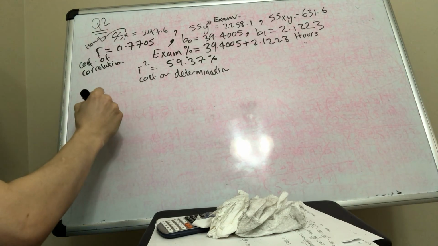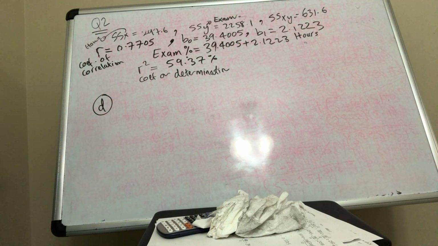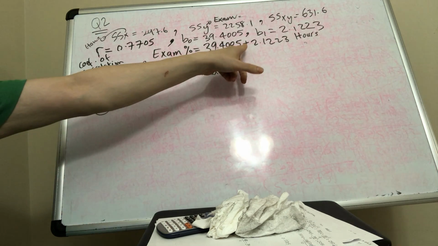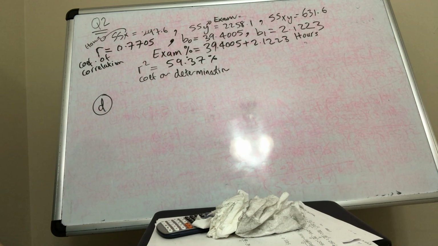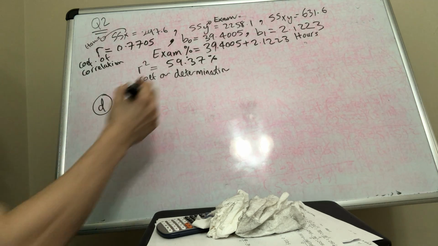Question D. Now in question D, is the sign of the slope logical? It's positive. Is it logical? And if the slope had an opposite sign, what would that tell you?